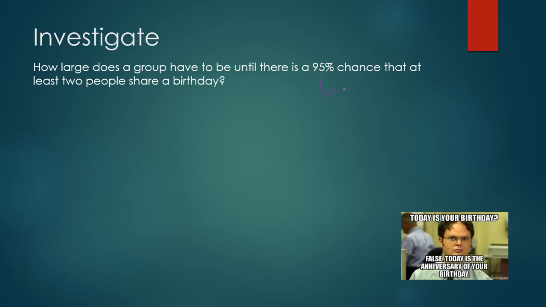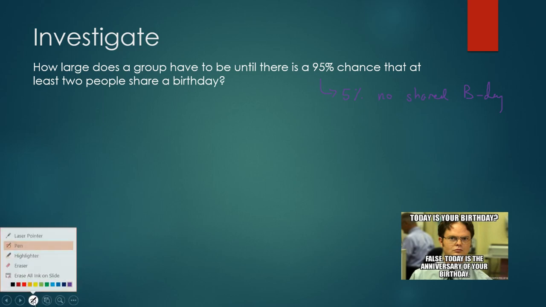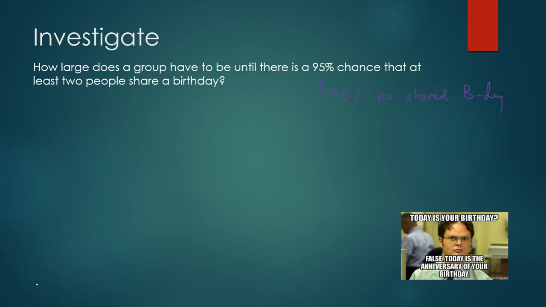This means that there's a 5% chance of no shared birthday. So you can just try some of those calculations we just talked about and see when you get to about 5%. And that means the probability of having a shared birthday is 95%. You can pause the video now if you'd like and unpause it when you're ready. And I'll just try a few calculations myself and see what we get.